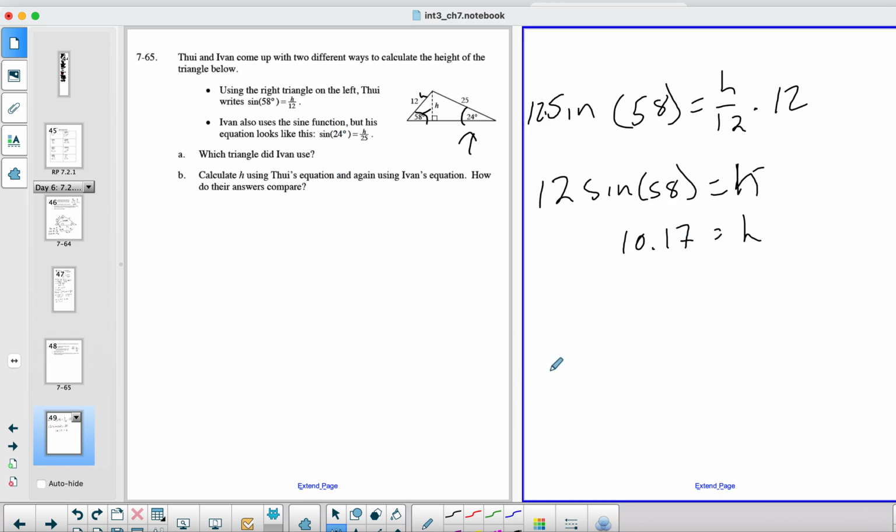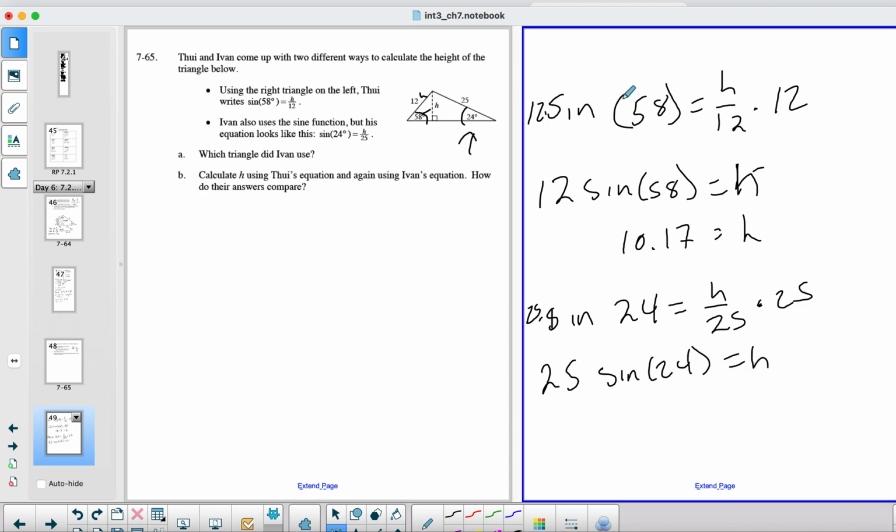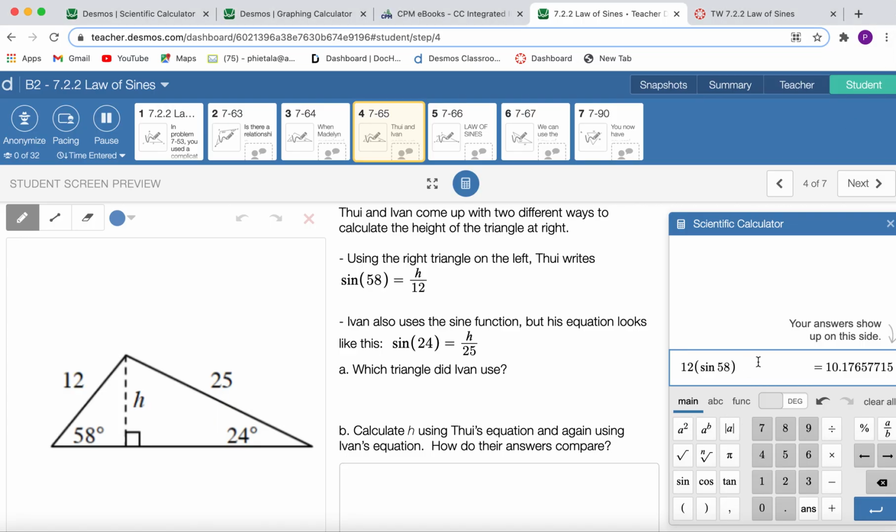Let's try it Ivan's way. Remember, you guys, they're both calculating for h, right? So our goal here is to get them to be the same answer. So you have sine of 24 equals h over 25. Multiply both sides by 25. So you're going to type in 25 times the sine of 24.